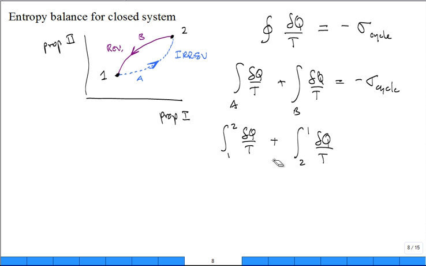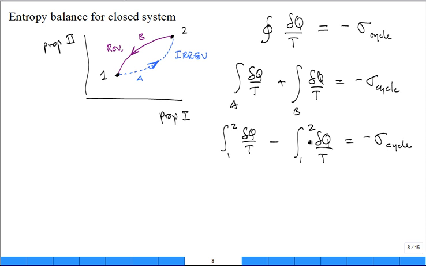Can I put a minus and change the limits to 1 to 2? Could I do that? Give me a thumbs up if you agree. Is that okay? And then we finish out the equation with negative sigma cycle.